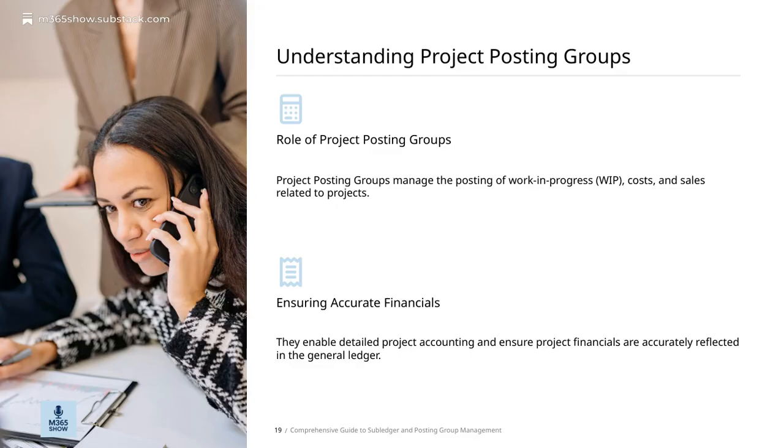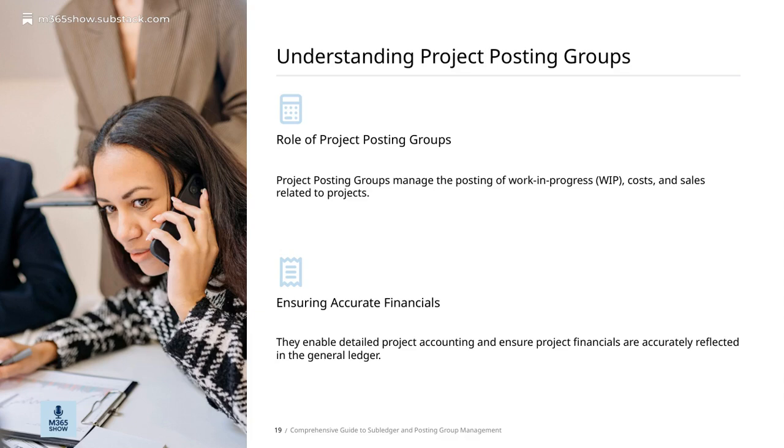Next, we focus on project posting groups. These groups are responsible for managing the posting of work in progress, costs, and sales related to our projects. They serve as the bridge between project activities and the overall financial records, making sure that each transaction is recorded in the right way. Understanding how project posting groups work is essential because they help us control and streamline our project financials.